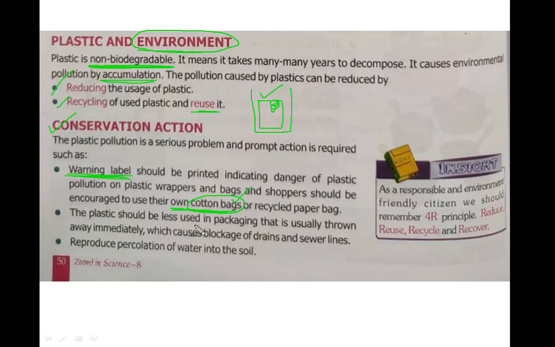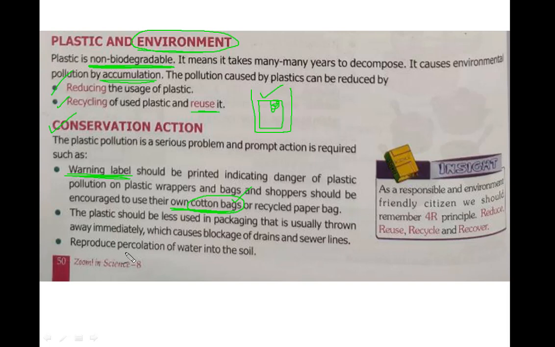Plastic should also be less used in packing, as it is usually thrown away immediately, which causes blockage of drains and sewer lines. Whenever rainfall occurs, the thrown plastic moves away with the water and blocks the drainage system, so that the water comes out into the street.